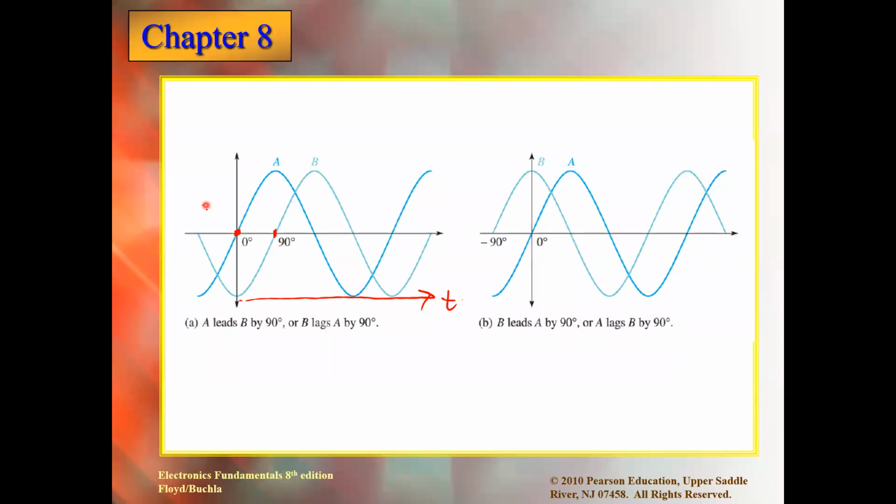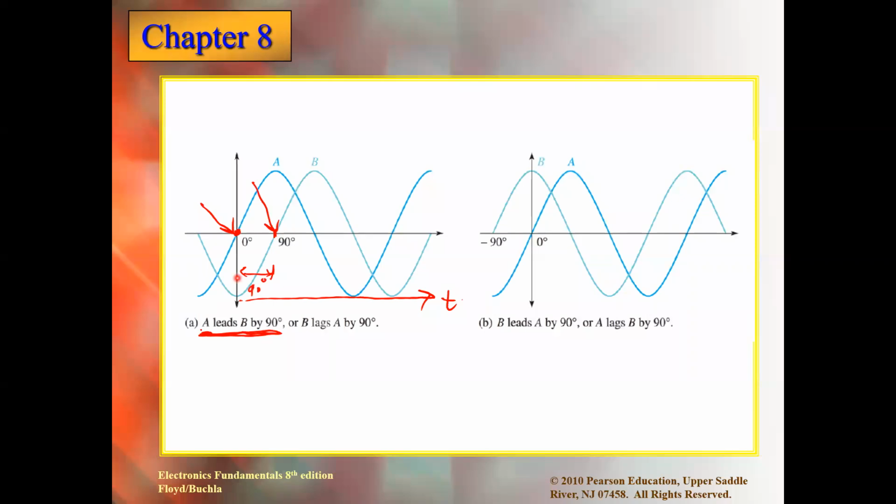If you look, A is starting earlier, and B starts after 90 degrees. So what is the relation? We can say that A leads B. A is leading because it's starting early. By how much? 90, because this difference is a 90-degree difference.